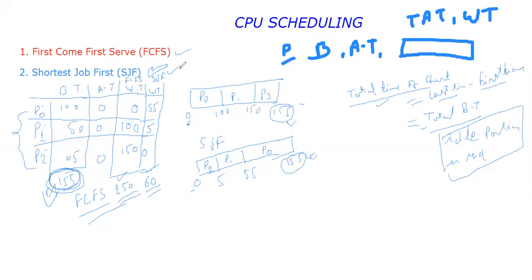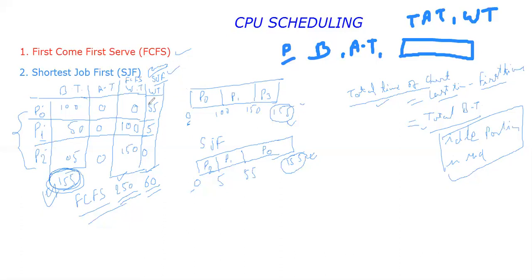I hope it is clear what the disadvantage of FCFS was, and we took that disadvantage and designed a new algorithm on the basis of it, which performs better than the previous one. So that is shortest job first.